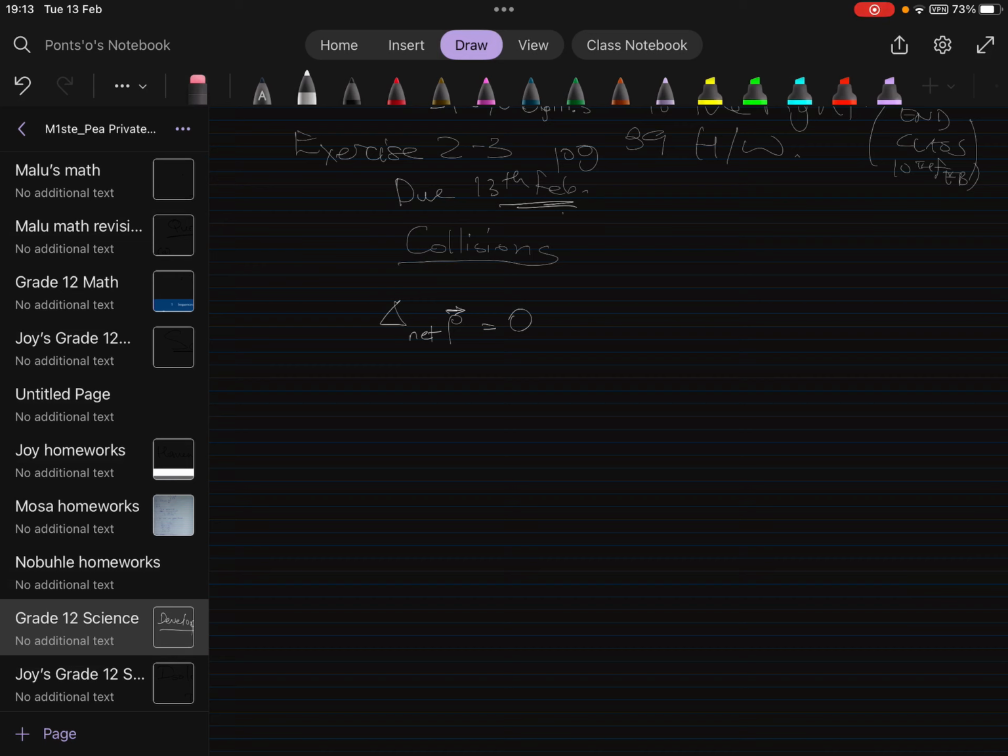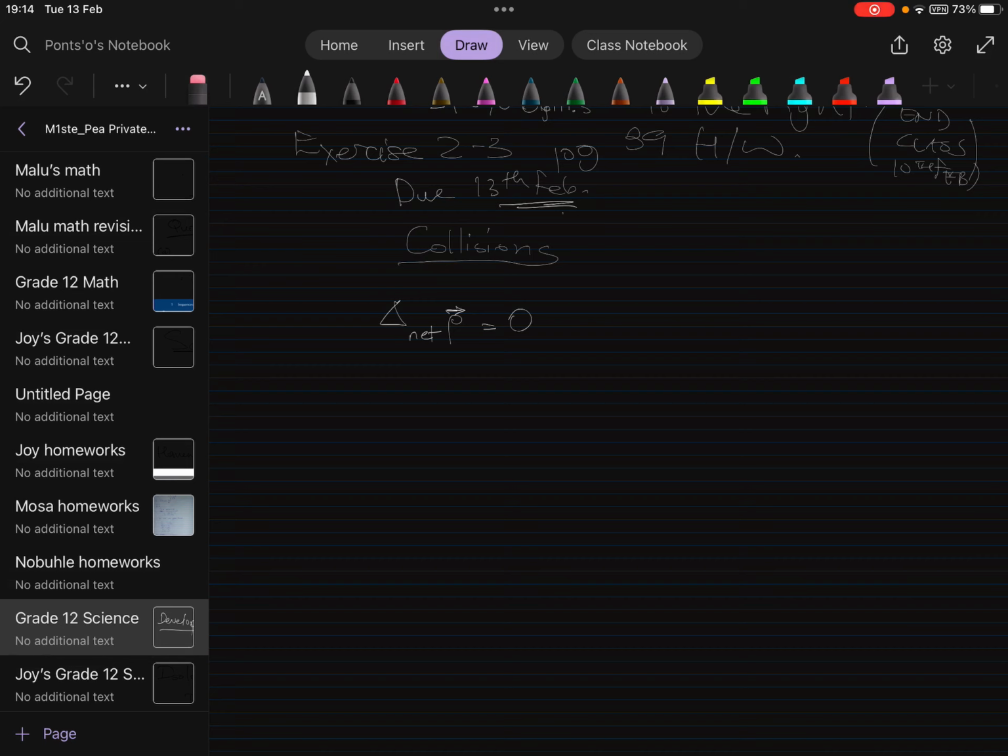Even once they've collided and changed direction, they have changed their momenta, but the total momentum of the system of both balls before and after the collision remains constant.